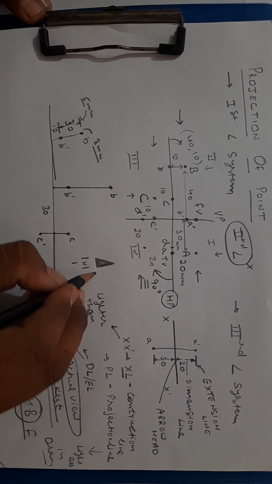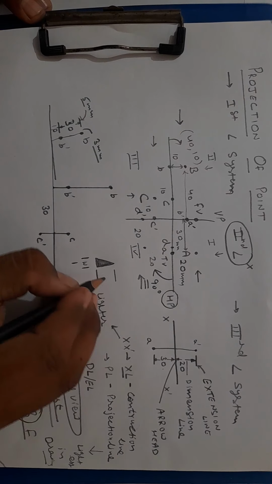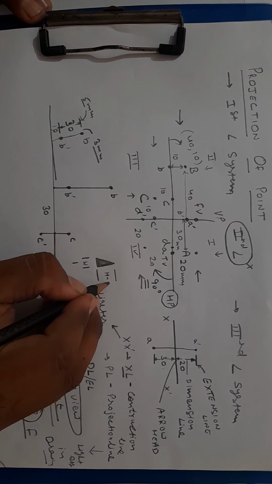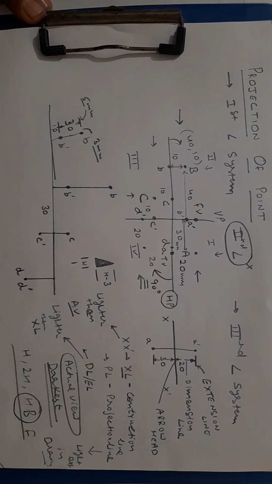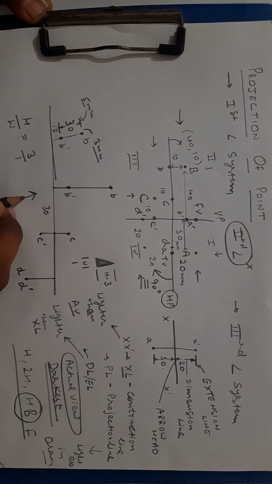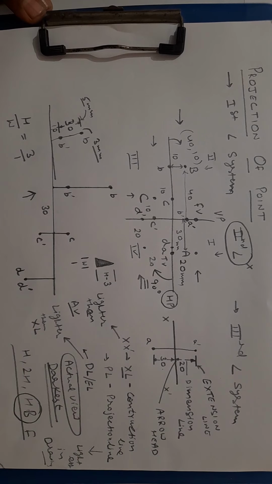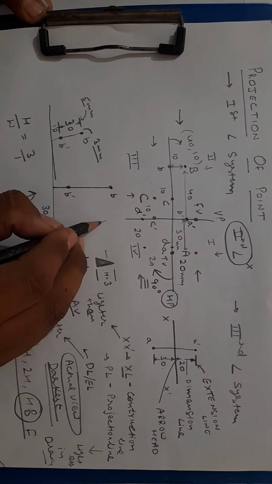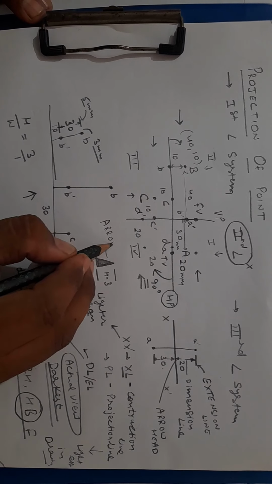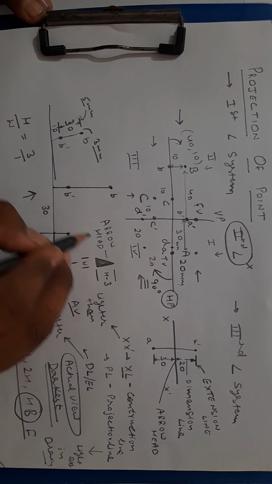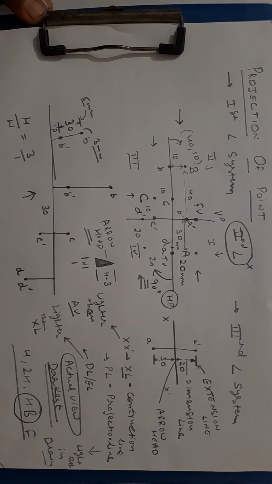If we are taking it as 1 unit, then height is 3 units. It means the height to width ratio is 3:1. We need not make the arrow like this. Technically we need to make the arrowhead like this only.